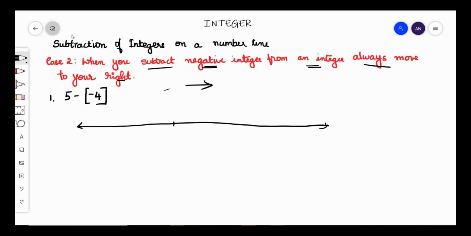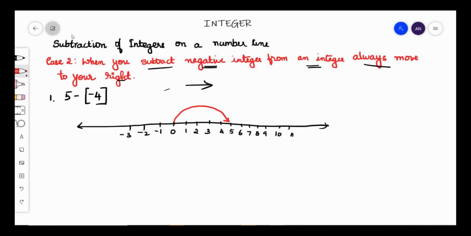Okay, 0, 1, 2, 3, 4, 5. Now first we are supposed to go to 5. So from 0, first go to 5. Okay.